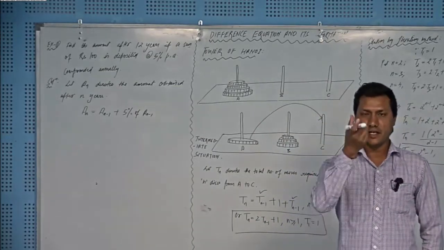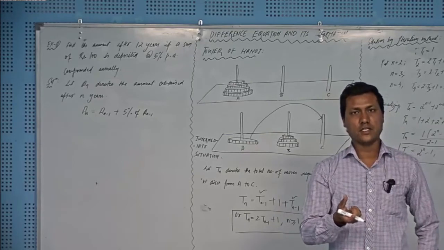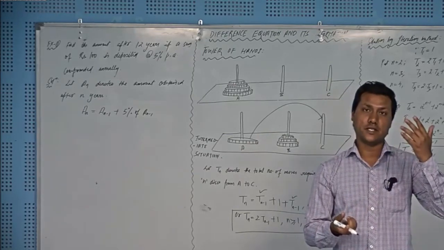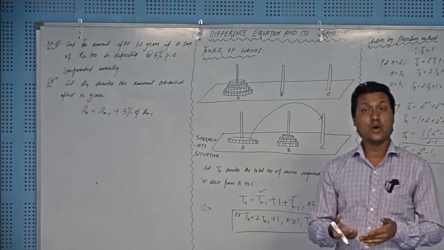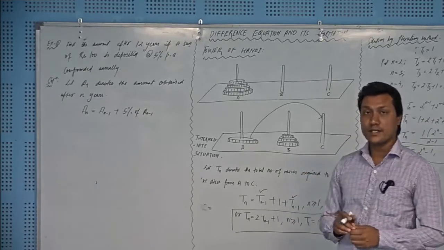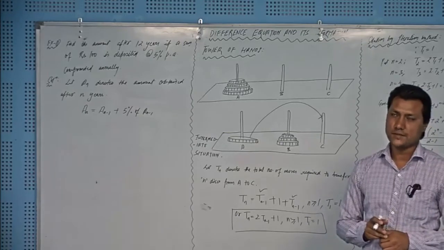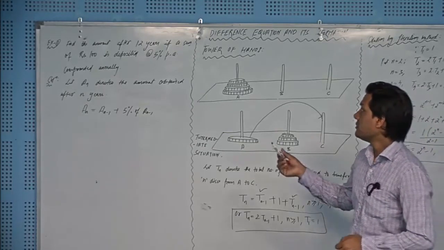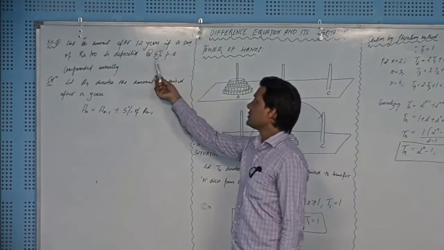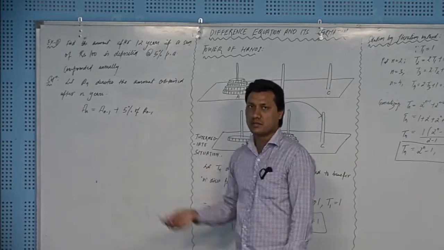The amount obtained at the end of the first year is treated as a principal for the second year, right? And the amount obtained after the second year will be treated as a principal for the third year and so on, right? And this rate of interest is calculated on that principal amount, right?